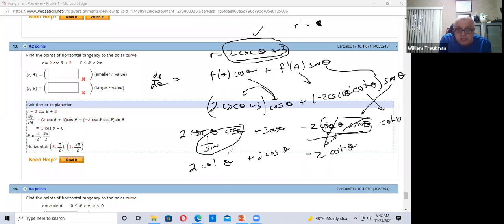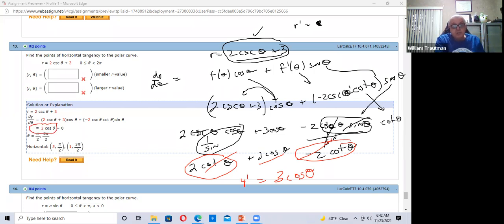Then we also see 2 cotangent theta and negative 2 cotangent theta cancel each other out. And we're just left with 3 cosine theta. So the derivative of y just ends up with 3 cosine theta.